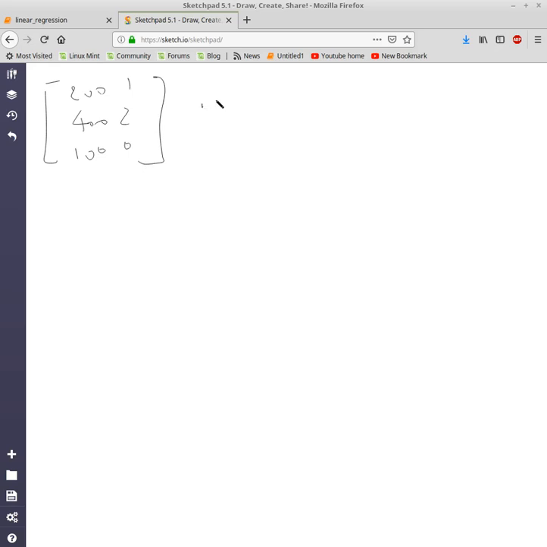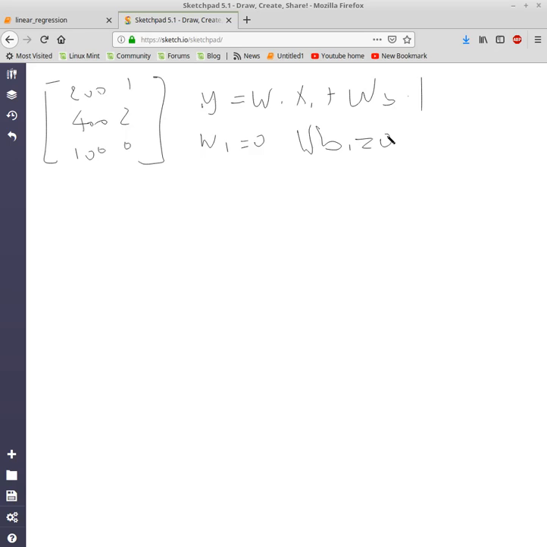And then the equation is y equals W1 x1 plus WB times 1, where W1 is equal to 0 and WB is equal to 0. But now we have two parameters.